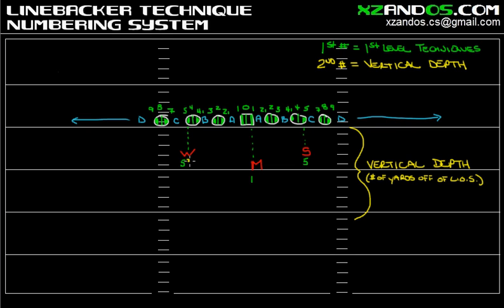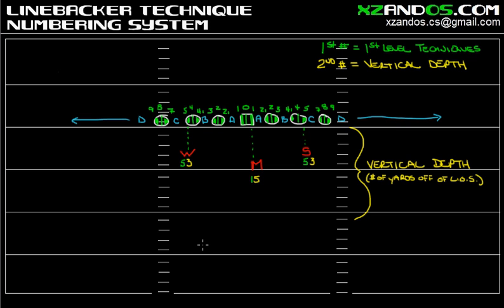Will is in a 53. Mike is at 1, 2, 3, 4, 5. His heels are at 5. Mike's technique is a 15. Sam's heels are at 1, 2, 3. Sam is also in a 53. This is my basic linebacker techniques for a 4-3 over.